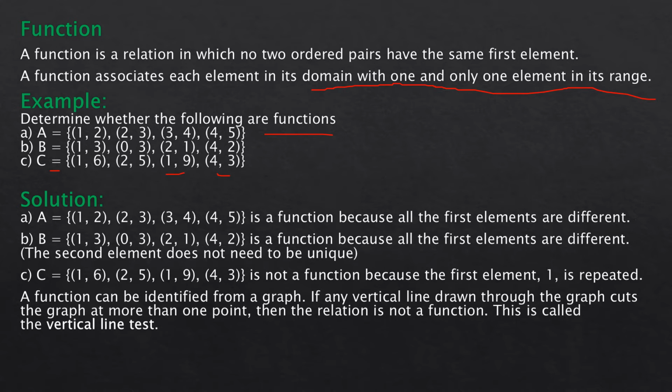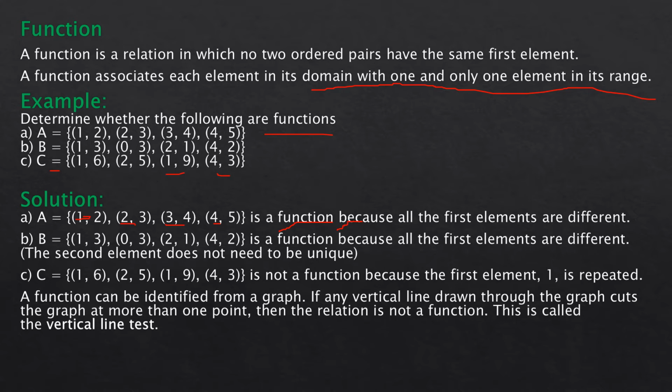A, 1 to 2 till 4 to 5, is a function. Why is it a function? Because all the first elements are different. The first element, that means this one, must be different. B is a function because all the first elements are different. The second element does not need to be unique.